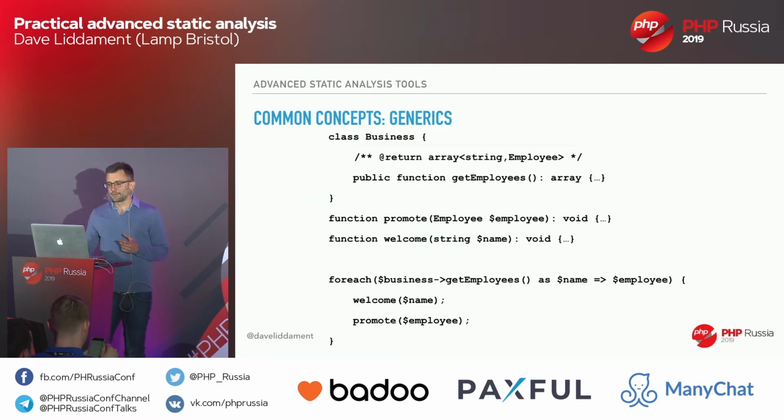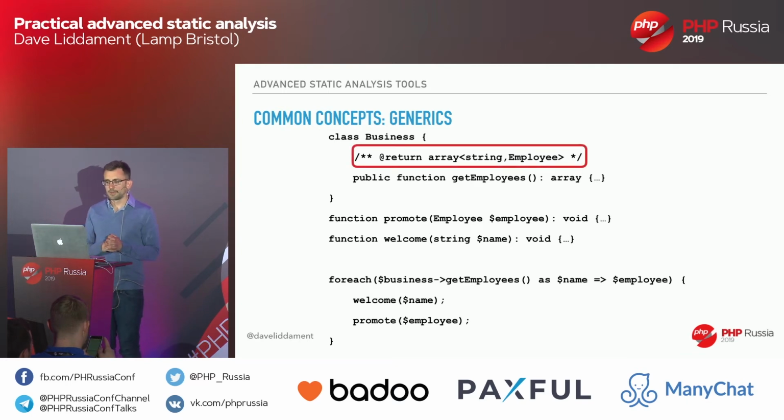So what we can do is write our return type like this. So we're going array, open angle bracket, string, comma, employee, close angle bracket. And what that means is that the array we're returning, the keys are all of type string, and the values are all of type employee.